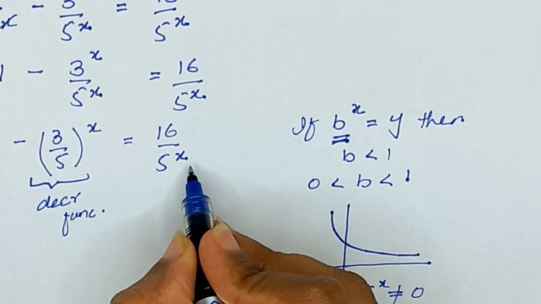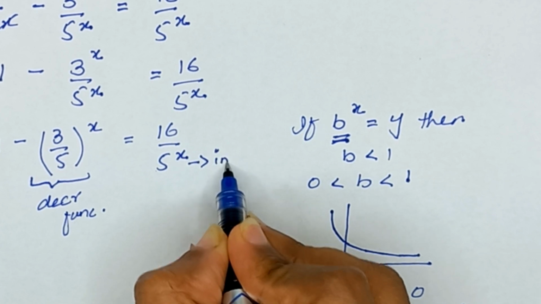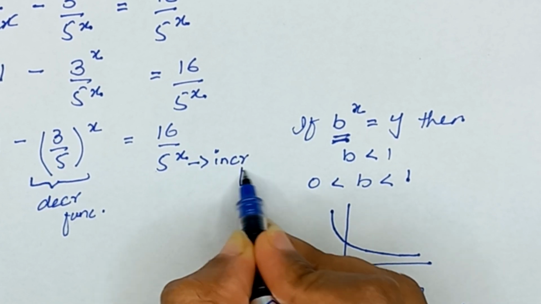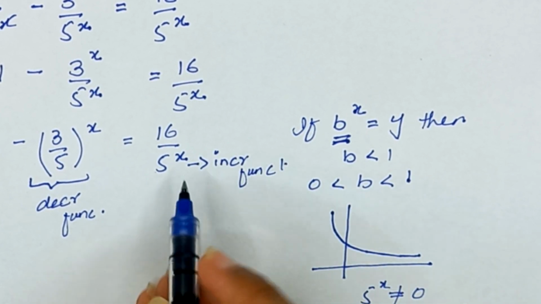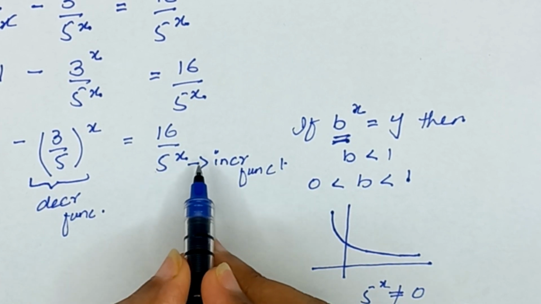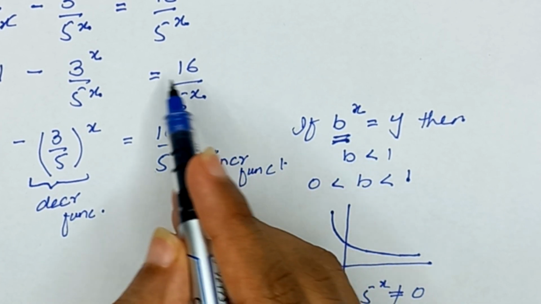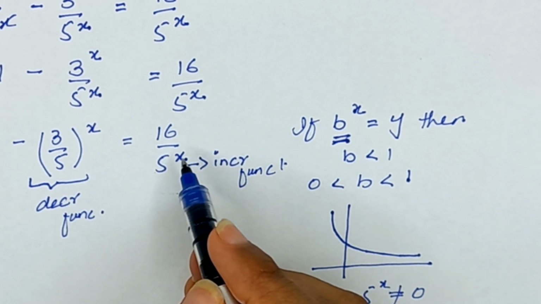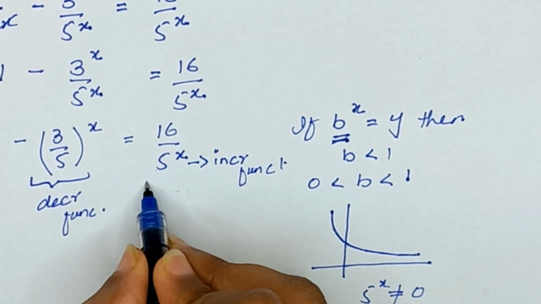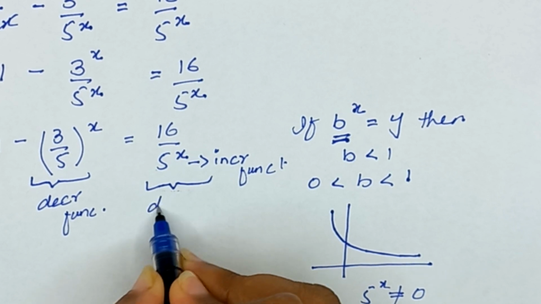So in the denominator it is an increasing function. If you have an increasing function in the denominator but the whole is reciprocated, then that full function will be a decreasing function.